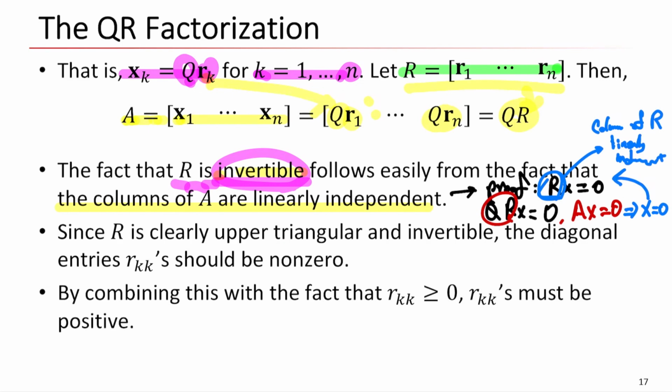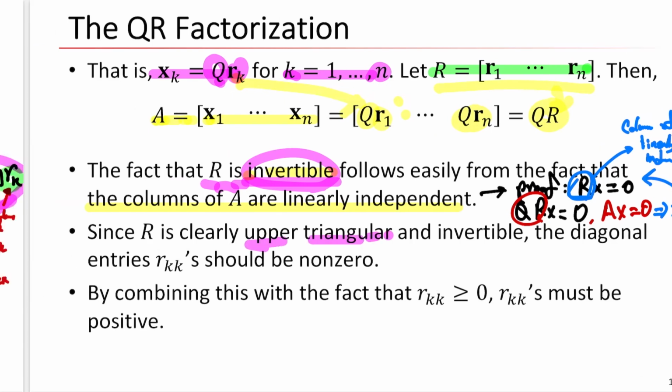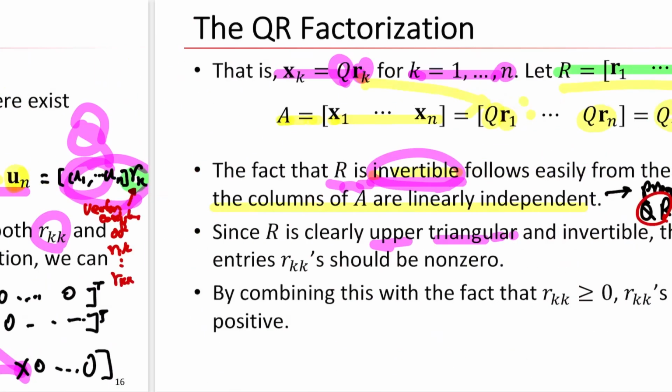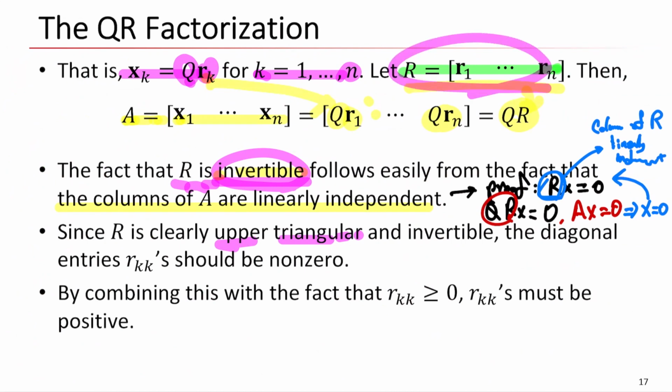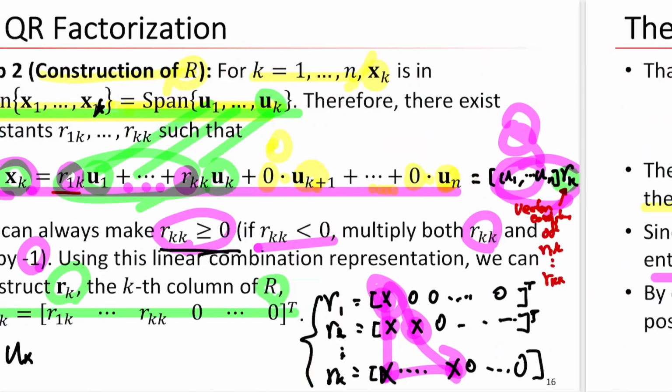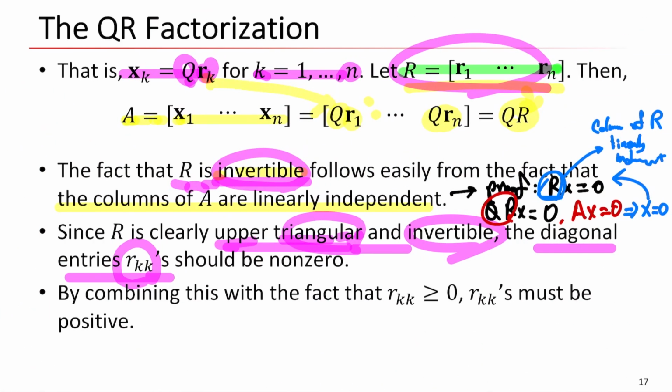Then since R is clearly upper triangular, because here it is something like this. If we transpose this one here, then we can clearly show that this is upper triangular, and we already know that this is an invertible matrix. So the diagonal entry rkk should be non-zero.